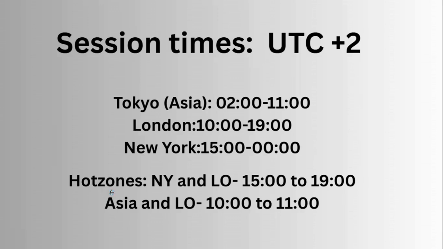In this case, we have a hot zone that happens in the New York session, denoted by NY, and the London session, denoted by LO, which happens from 3 o'clock to 7 o'clock in the evening. These are mostly times where the market is very active, fluctuates, and is very volatile.